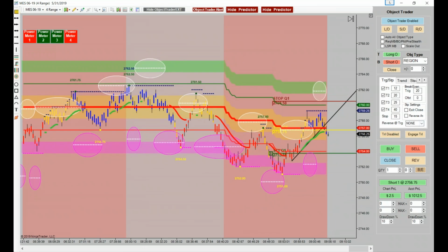I think the micros, at first I didn't think they were a good idea, but then I got to thinking about all the people that I talked to, and it's not bad actually. Just to give you an example, this dollar and a quarter right here, now granted we just did it for one tick just to show this, but this only costs like 41 cents for the entry and the exit.